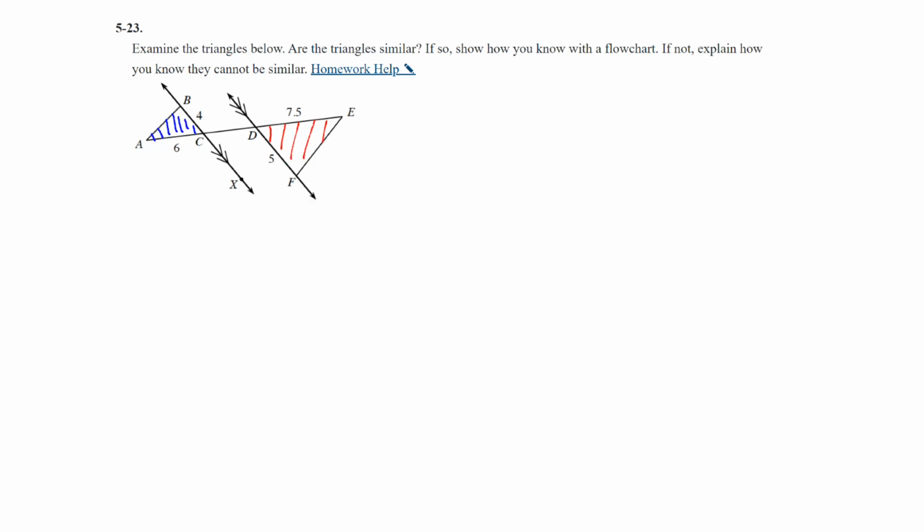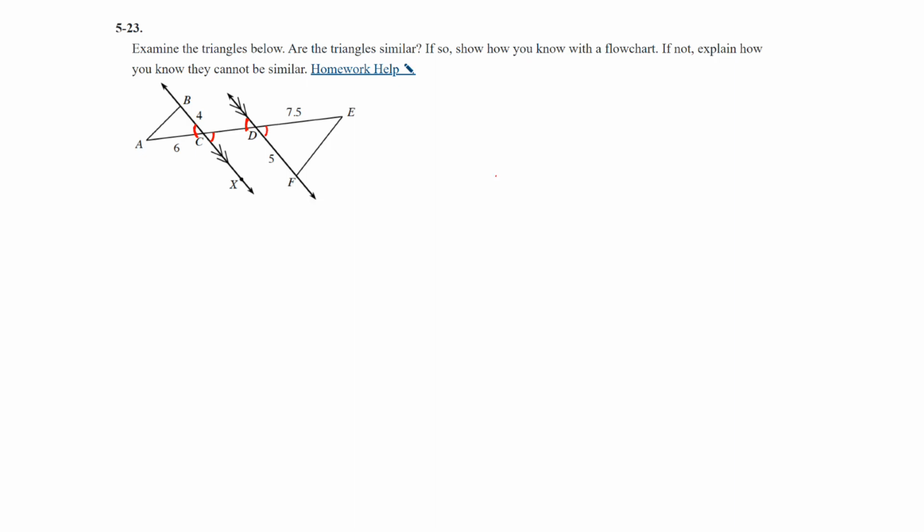Now we do have two parallel lines, so some things that we can start marking, even though we don't know the specific angle measures. We know that this angle and this angle are congruent because they are vertical angles. We also know that this angle and this angle up here are congruent because of corresponding angles, where you have a line cut by two parallel lines, which means this angle is congruent because of corresponding angles or vertical angles.